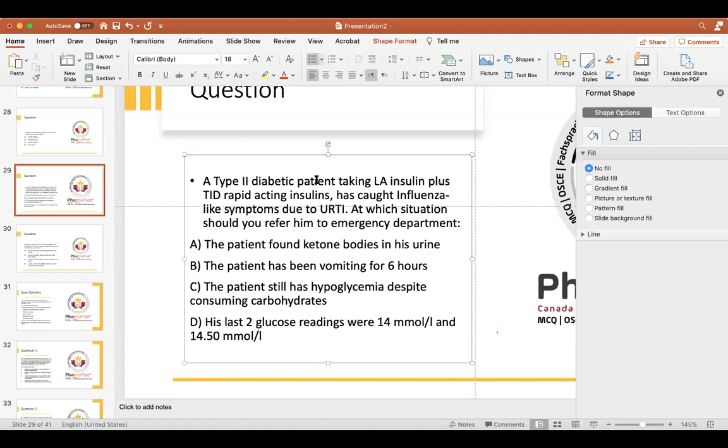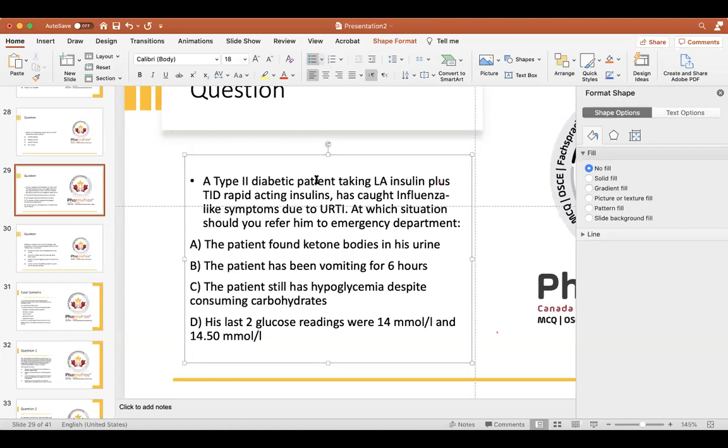The other situation, when to call the doctor or advise the doctor, when the patient has 2 glucose readings of 14 or above. Okay, when the patient is vomiting for 6 hours, when the patient has ketone bodies in his urine, it's positive.